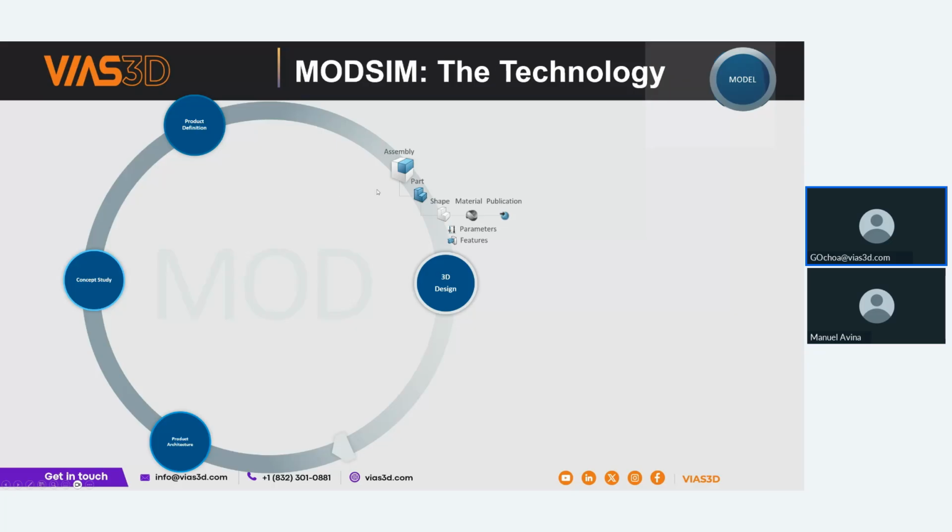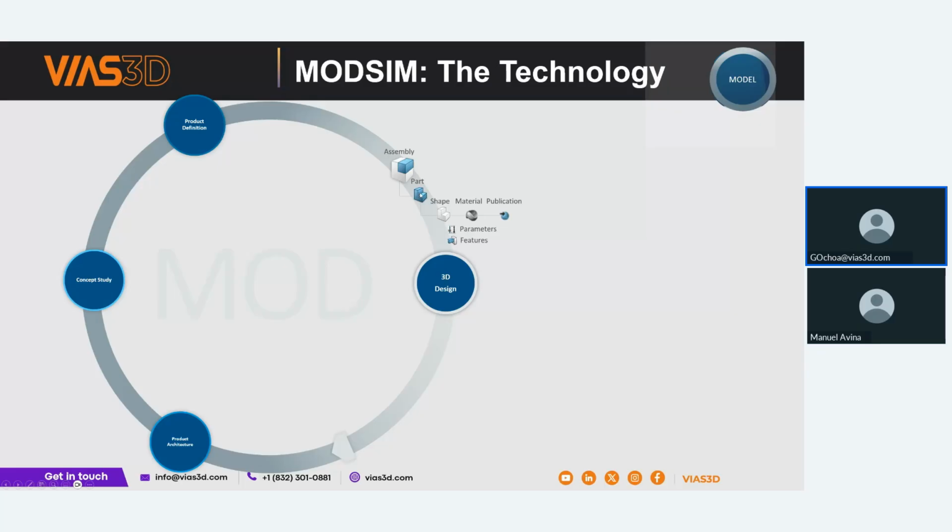What we're looking at here is from the assembly level on the 3DEXPERIENCE context. This is we call it the physical product, and then inside the assembly we have 3D parts, and then the 3D part is the physical representation of a component.